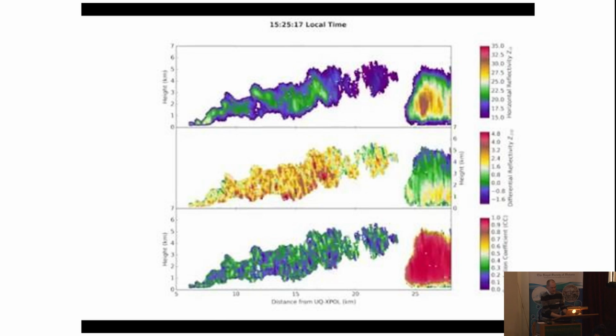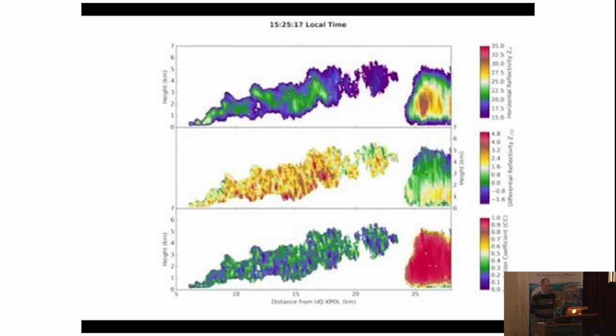Just quickly looking at this data temporally as well. We had this radar scanning about every 20 seconds for this case. There are three panels here.